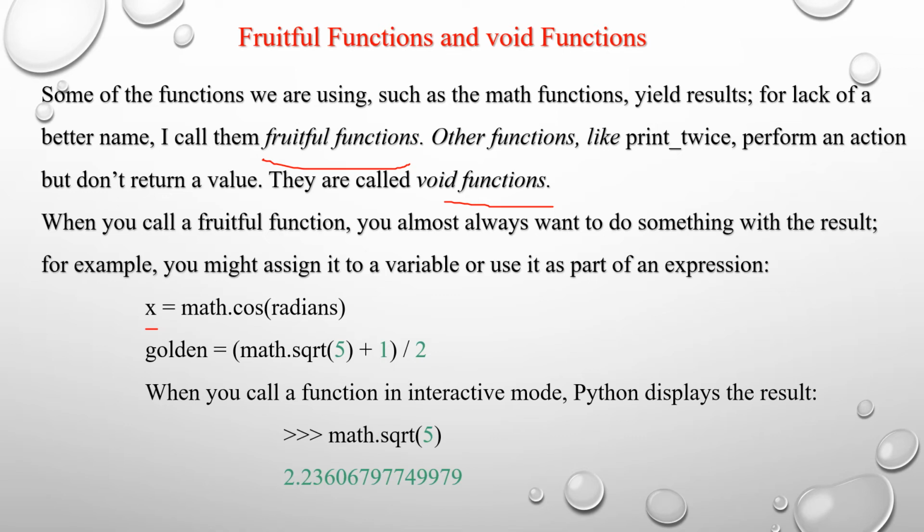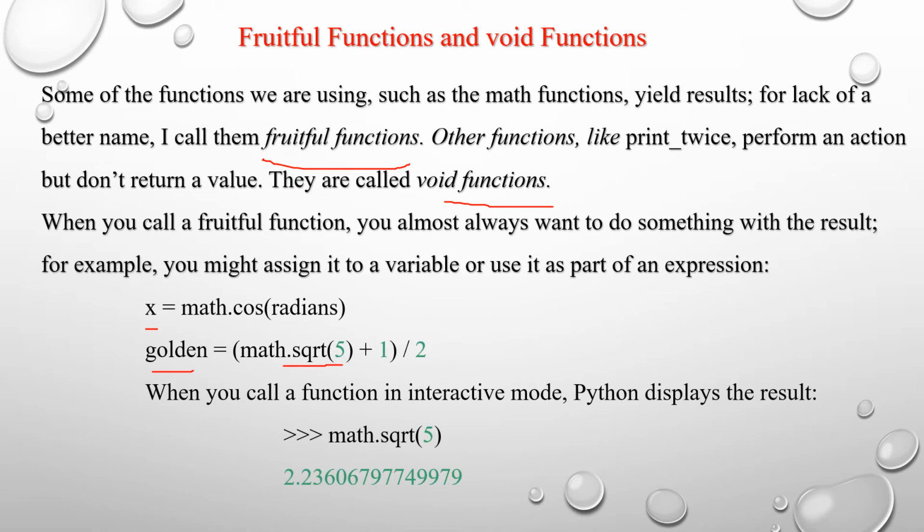Let's consider one more variable, golden is equal to (math.sqrt(5) + 1) / 2. So this is the expression we assign to the variable, and the variable name is golden. Here math.sqrt(5) gives the square root of 5, which is 2.23, plus 1. The resulting value is 3.23, whole divided by 2. So it will give the result.